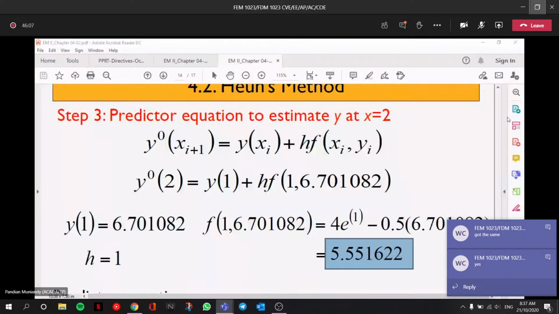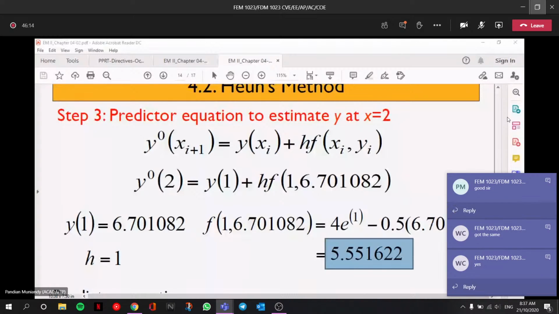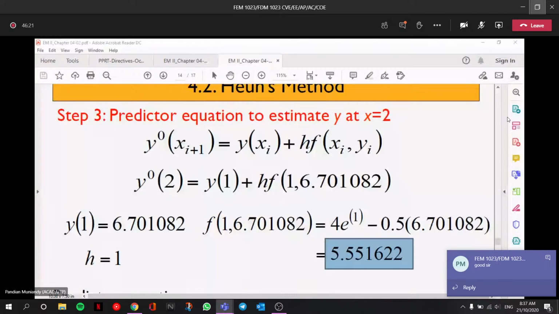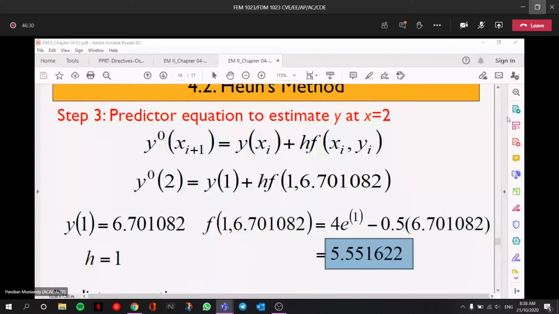Got the same. What about others? You have to do the experiment, class. We are just like in the laboratory now. We have to do the experiment. This is called a numerical experiment, a computational experiment. So you have to verify. If you don't get it, something is wrong. So I'm waiting now. Please, others.